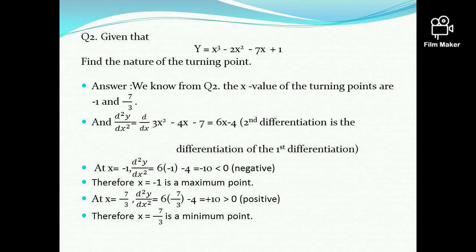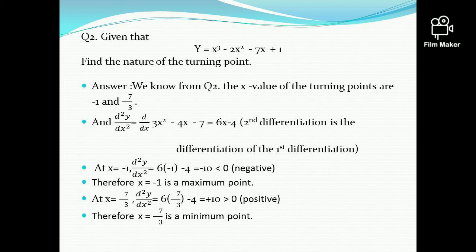Then we go ahead with the second differentiation, because to discuss the nature of the turning point we need the second differentiation. If you differentiate the first differentiation answer 3x squared minus 4x minus 7, you will obtain 6x minus 4 as the second differentiation.